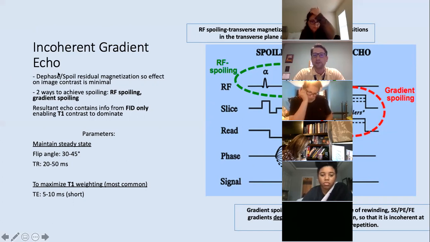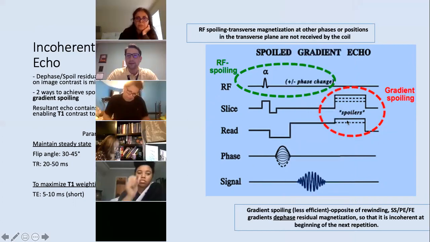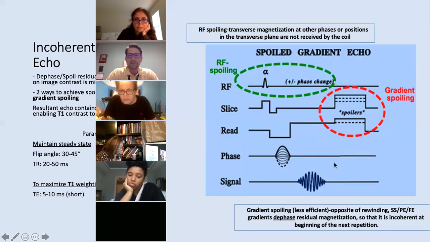So we have two ways to do it. We can do RF spoiling or gradient spoiling. Let's talk about gradient spoiling. It doesn't occur as often, but it's kind of the easiest to explain. It's basically we apply a dephasing lobe, and it could be on your slice select, your readout, or your phase encoding gradient, just to get rid of that particular vector of tissue or tissues.